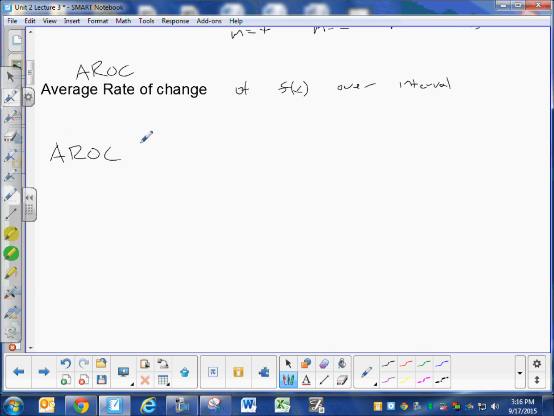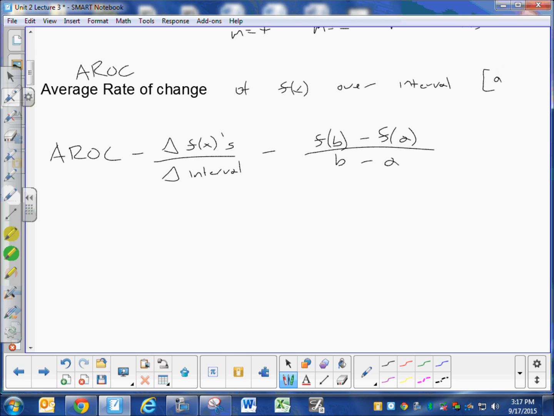The average rate of change of a function is going to be the change in your function values over the change in your interval. What's the change in function values? You could say it's just the difference of two function values if your interval is from, say, a to b. This is the formula for the average rate of change of a function. It's the exact same formula as the slope.